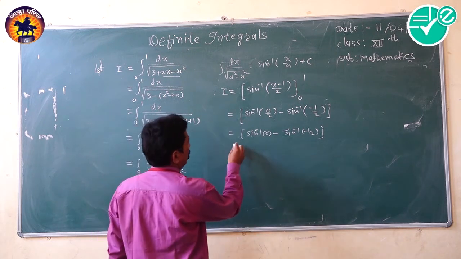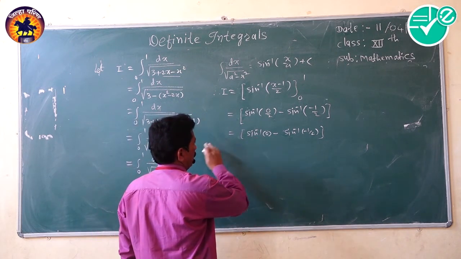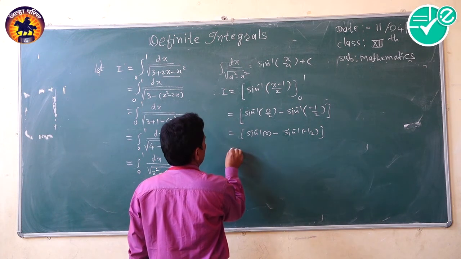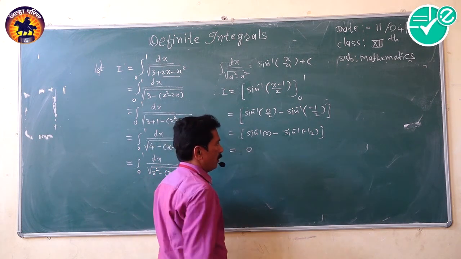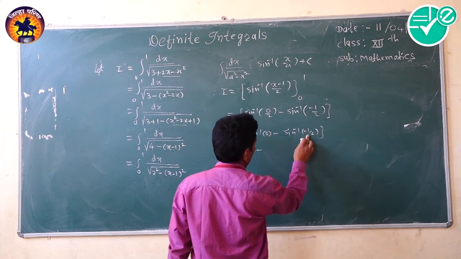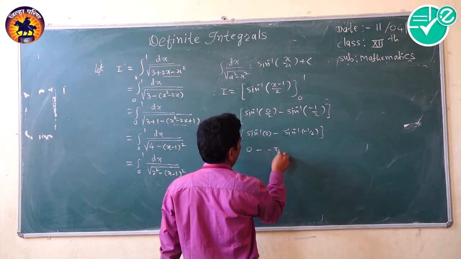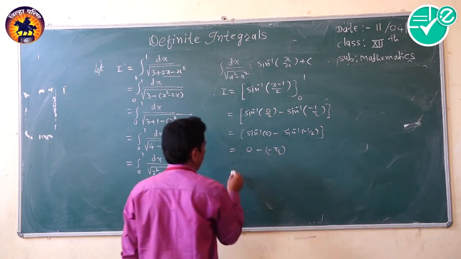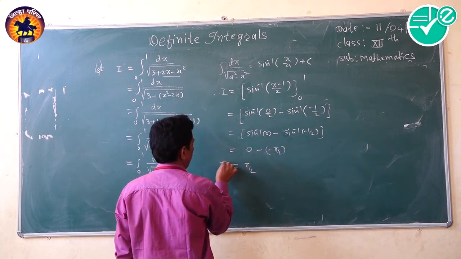This is nothing but sine inverse 0 is 0 minus, that is sine inverse minus 1 by 2 is minus pi by 2, and this is nothing but minus minus plus pi by 2.